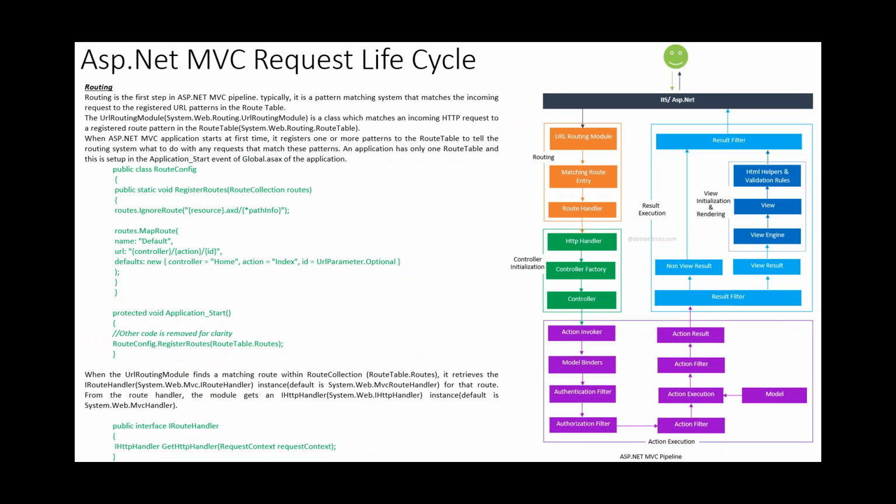The very first thing, the URL routing module will be executed. URL routing module means mainly the route engine. It checks for the matching route entry. As I told you earlier, it checks for a matching pattern, and that route handler will take the control, and then the HTTP handler will take care.